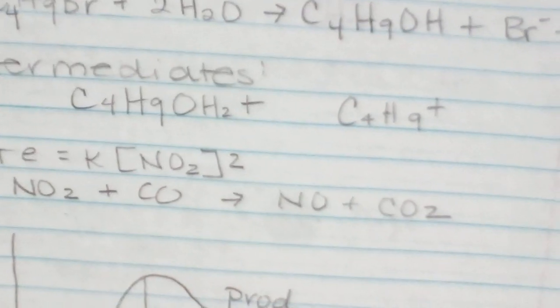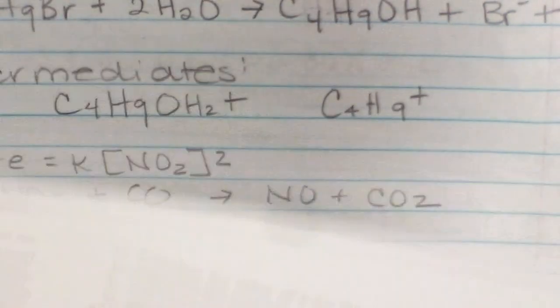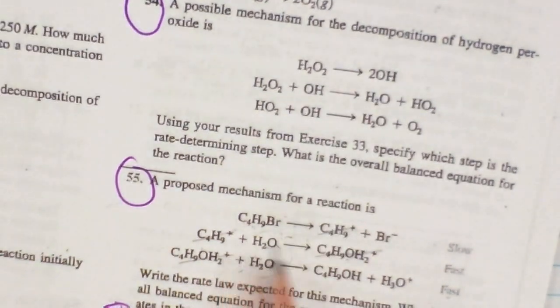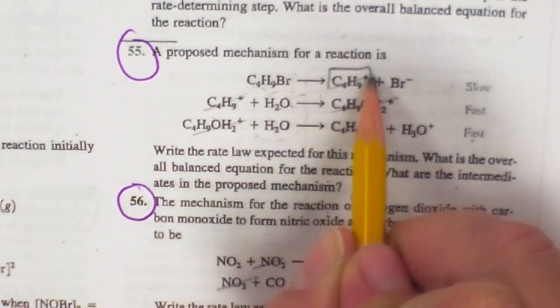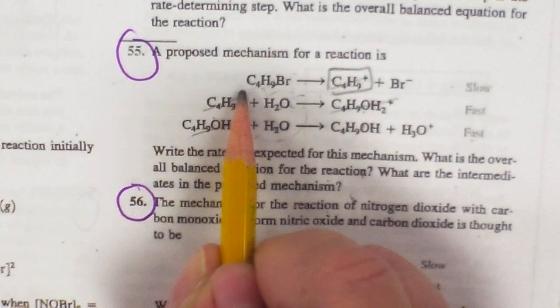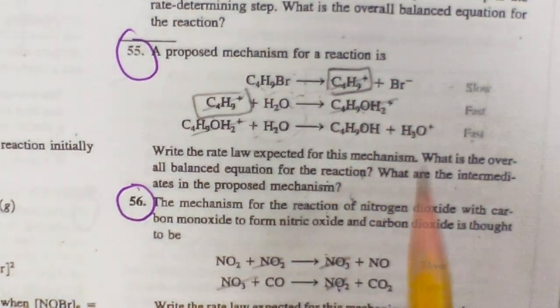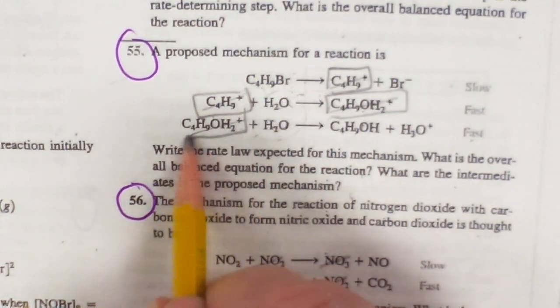All right. Next, 55 was pretty much the same. They gave me another one. I canceled out my intermediates. I did the same thing. Here it is. I can put a box around my intermediates, made as a product, used up as a reactant. Made as a product, another one, used up as a reactant.